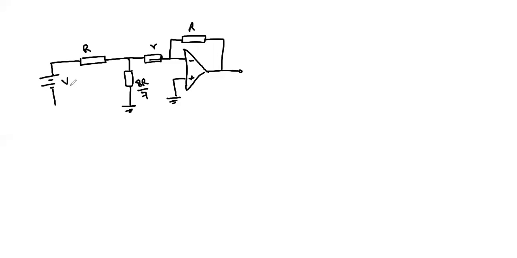So we have a reference voltage here, our resistor R, and then 8R over 7 and small r are in parallel. Then we can consider the total resistance of the network.